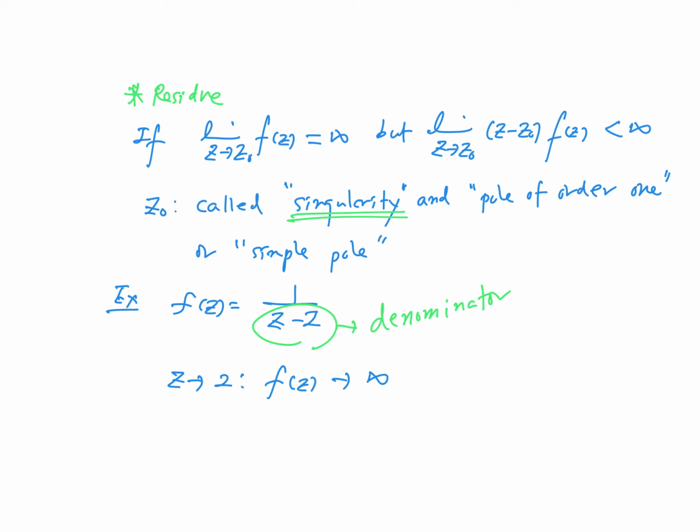Actually, it can be either plus or minus infinite. When z is 2 plus epsilon, it's positive infinity, and when z is 2 minus epsilon, it's negative infinity, right? So even if it is approaching infinite, it is a very extreme range from minus infinity to infinity. But anyway, it's a singularity.